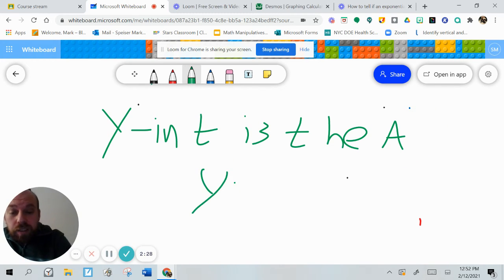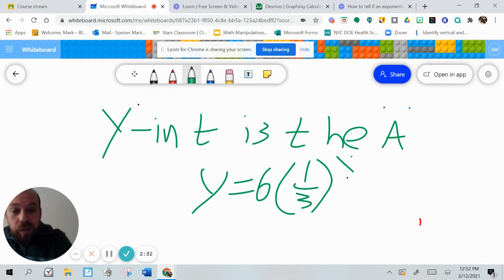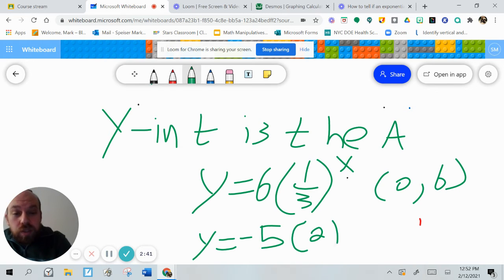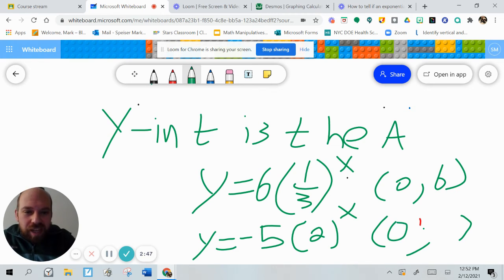So if we had y equals 6 times 1/3 to the x, a decreasing function, the y-intercept is (0, 6). And we even can have it with negative numbers. So if we had y equals negative 5 times 2 to the x, that would be a decreasing function, I'll show you what I mean in a minute, with a y-intercept of negative 5.